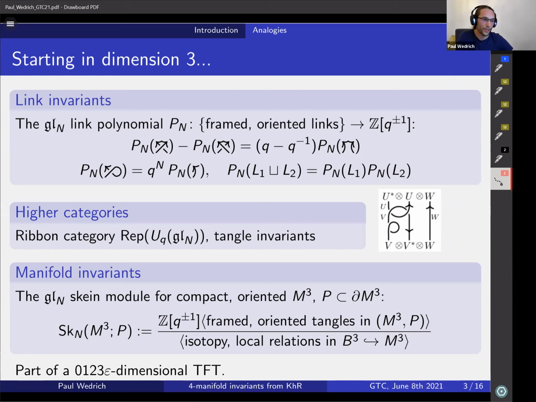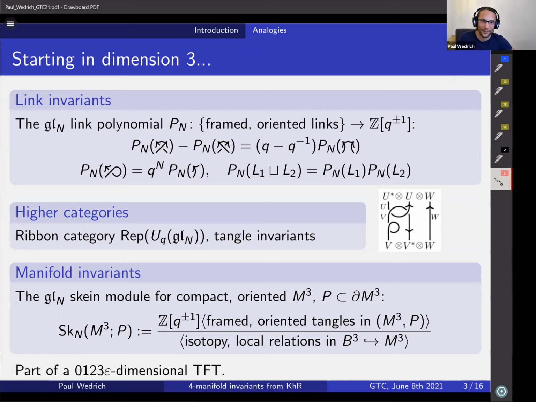That shrinks the size of the skein module. Typically, in this case, it will still be infinite dimensional. If you change the ring here, then you can sometimes get this finite dimensional, and there was recently a lot of work on this, but here I want to stay in this setting. There are lots of variations of this. You can allow these boundary points to be labeled by such representations, and then these skein modules have some nice gluing properties.